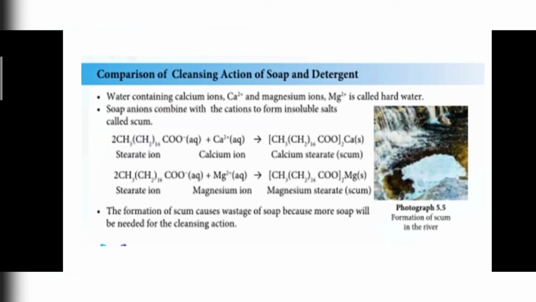Stearate ion, dia combine with Ca2+, calcium ion, dia akan jadi calcium stearate. Nampak di sini S solid, ni S solid. Okay, itu adalah insoluble salt. So this is scum. Okay, stearate ion plus magnesium ion, magnesium stearate, solid. This is insoluble salt, scum.